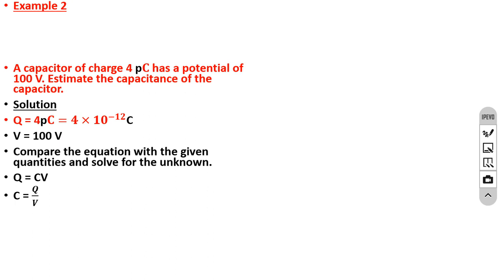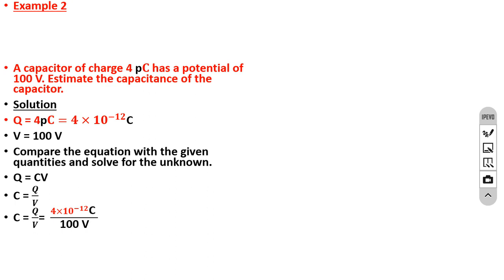So if you don't understand how to change the subject of a formula, go back to that mathematics topic and practice it. Okay. Our Q is 4 times 10 to the power minus 12, and our V is 100. When we do the substitution here, it will give us the answer.